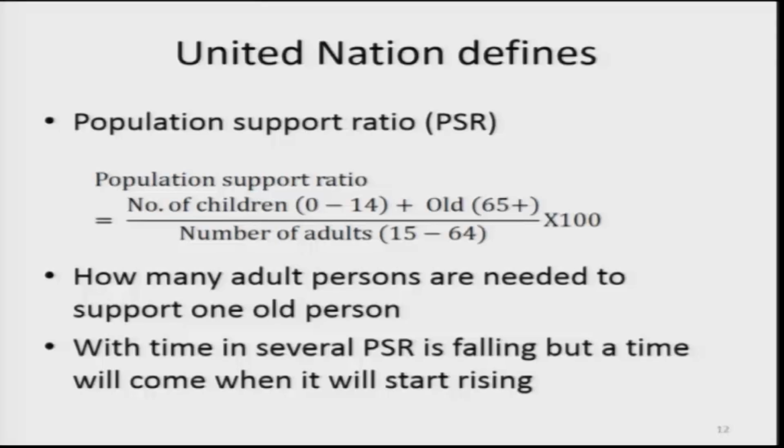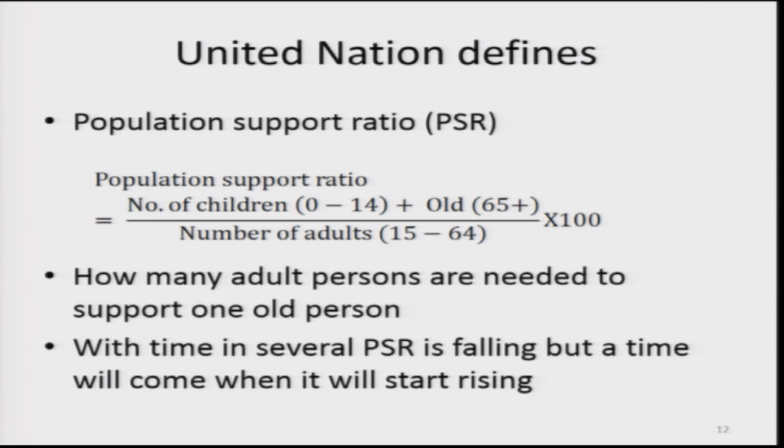If this ratio is high, then it means that there is high dependency. Children are dependents, old persons 65 plus are also considered to be dependent. So, per adult there are more dependents, and if this declines, then dependency ratio declines, and that is conducive to economic development.